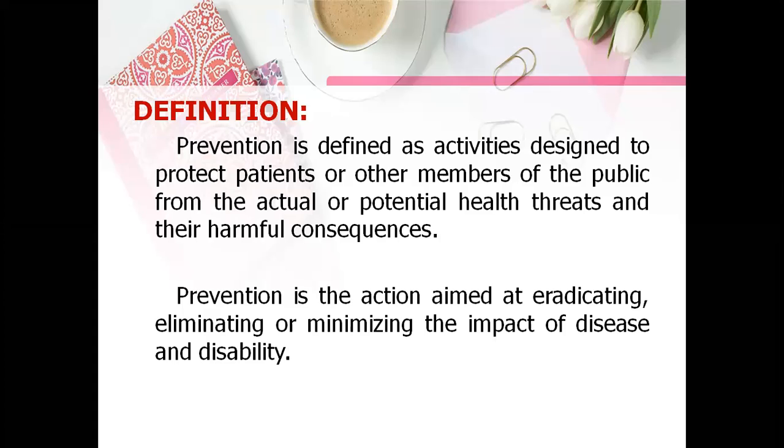Prevention includes all those actions and activities which we do in order to prevent the occurrence of a disease, or even if a disease might occur, to reduce its consequences, and if the disease is already in the late stage, to improve the health of the individual by helping him live with his disability, by providing different forms of rehabilitation. So all these come under the word prevention.